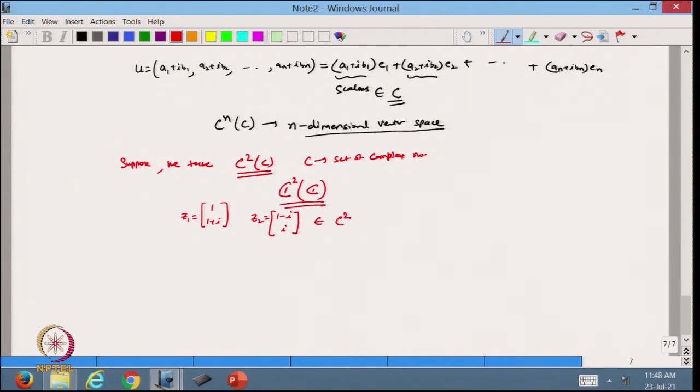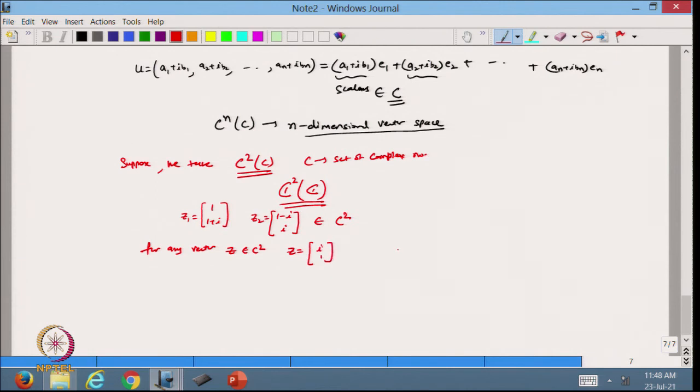Now, I choose any vector z belonging to C2. Suppose I take z equal to (i, 1).